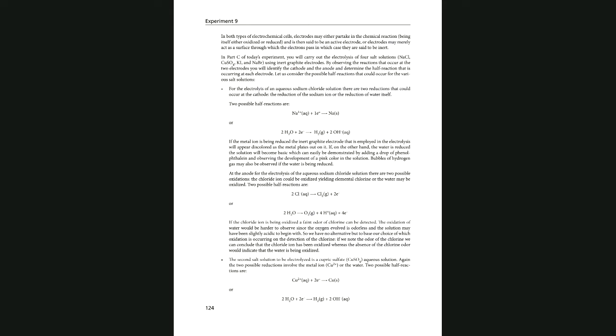If you see the pink color appears with addition of the sodium chloride, this is for the sodium chloride only, then you would say water has been reduced. So you write this half reaction only in the cathode side, and you say water has been reduced.